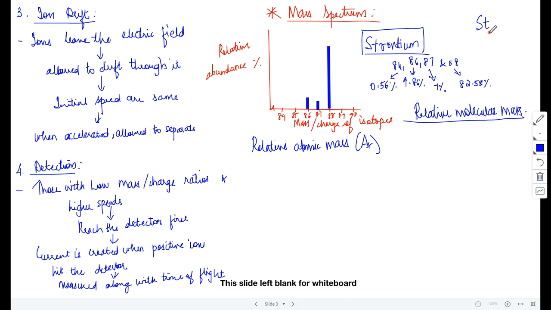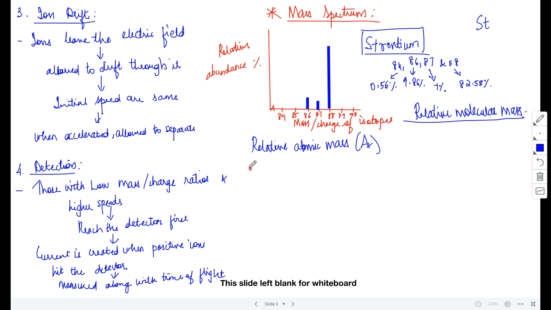Which of them should I consider: 84, 86, 87 or 88? 88, because it's the largest percentage. It is the largest, but each of them has a share and actively participates in this mass value. So we are going to take the average value.